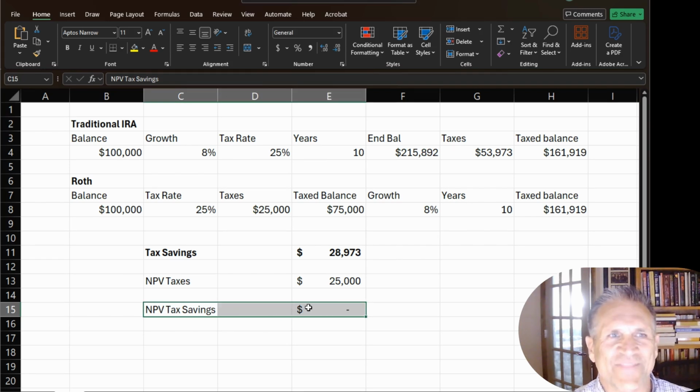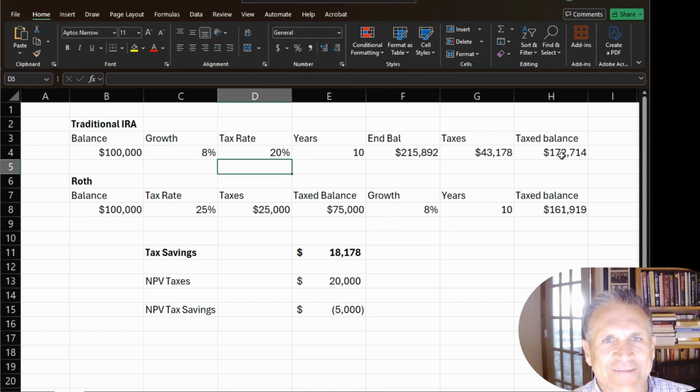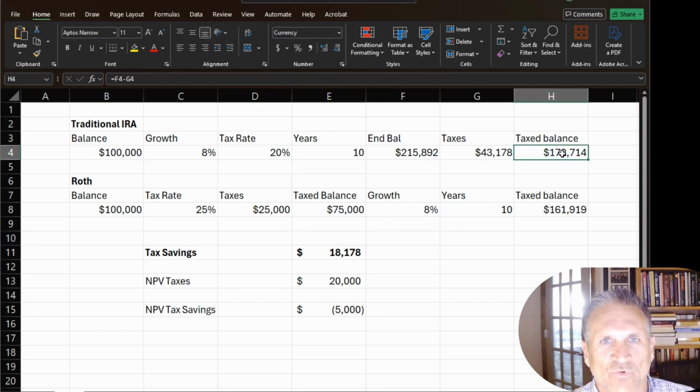Now, just to cement the case, let's turn this in the favor of the traditional IRA, and let's just say that our tax rate is going to be lower at the time of distributions, to the tune of, we'll say, 20%. You can see now that my taxed balance is greater with the traditional IRA than it is with the Roth IRA.